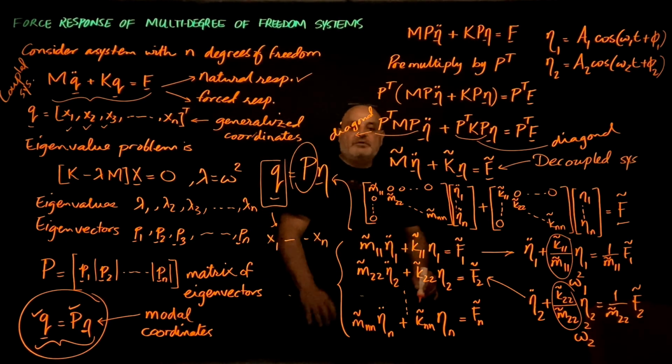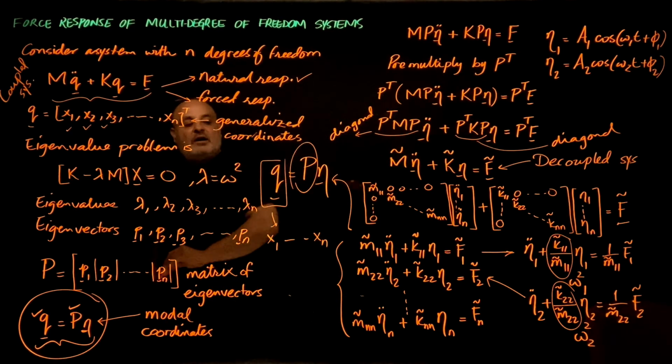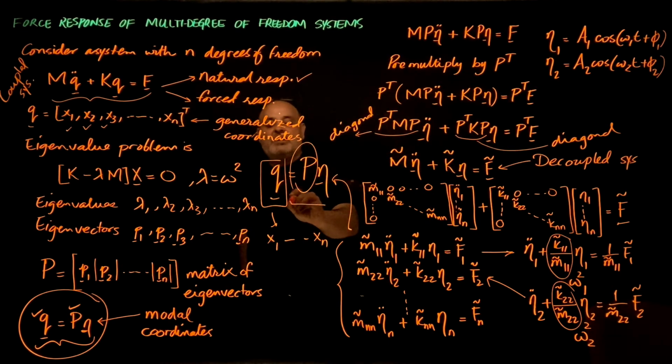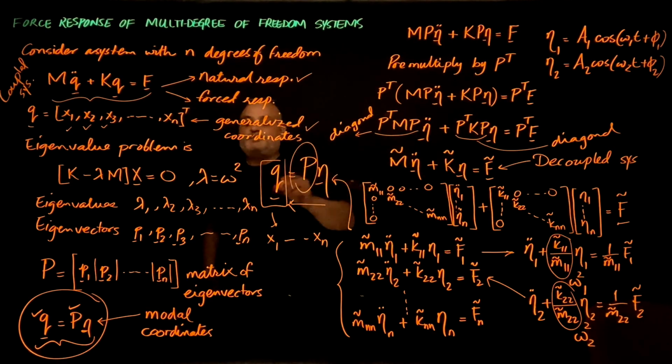Single degree of freedom systems can be solved separately for the modal coordinates, and then through this transformation I get back to my original generalized coordinates.